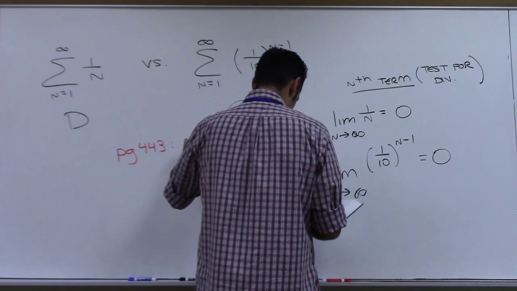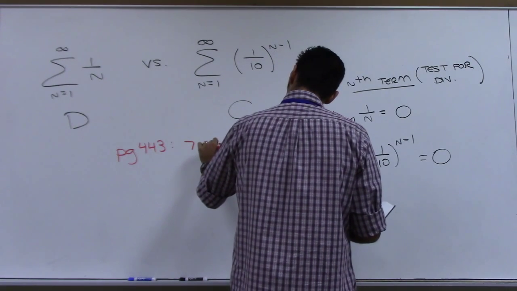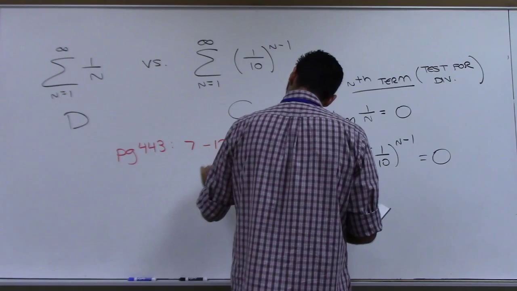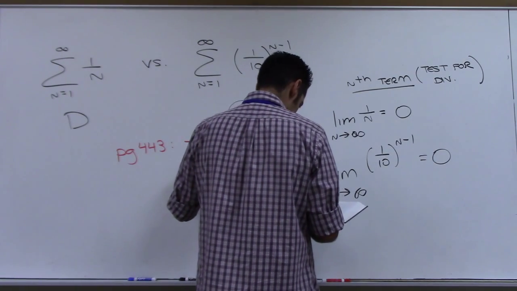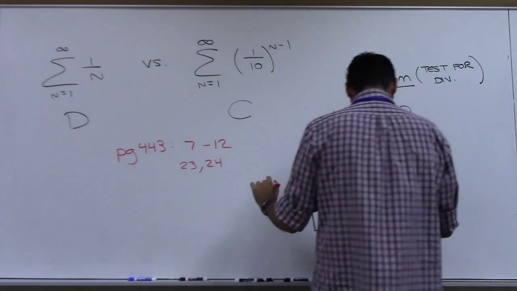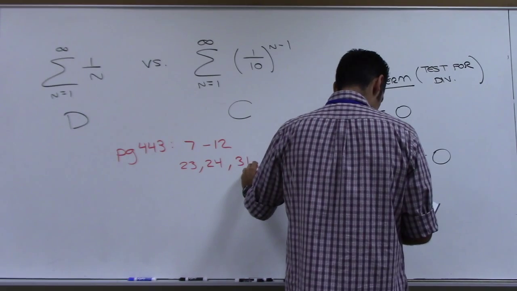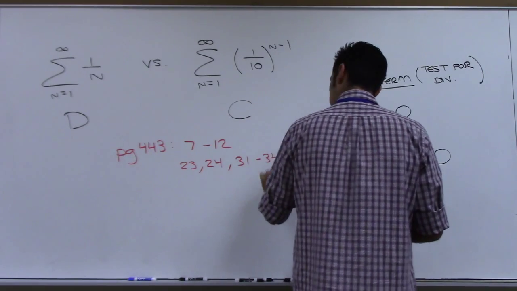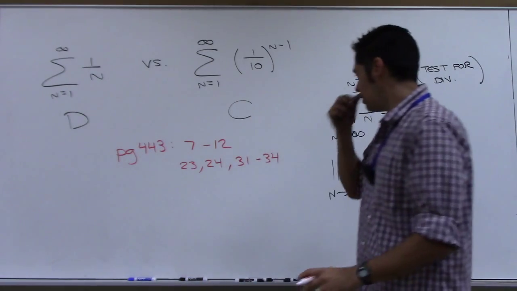Seven through 12, 23 and 24, 31 through 34. Those are just all of them.